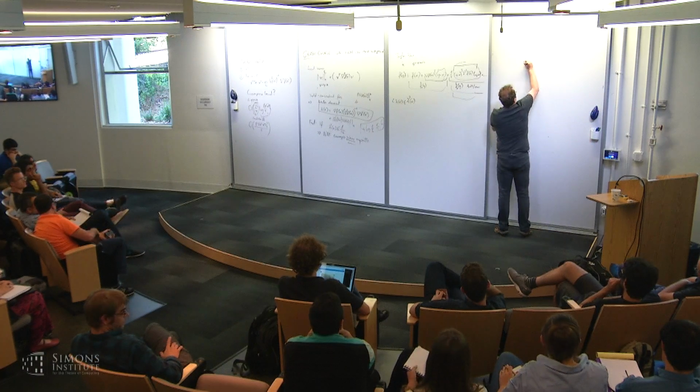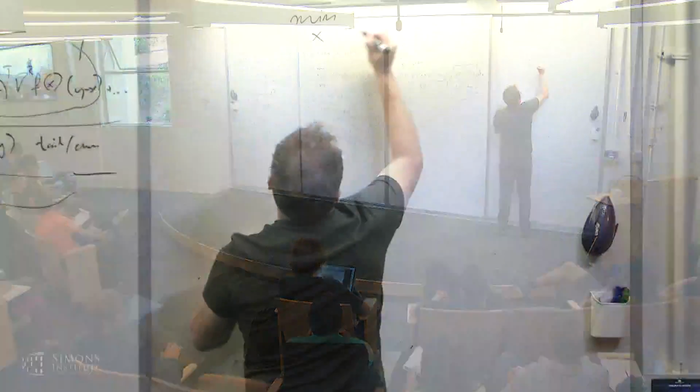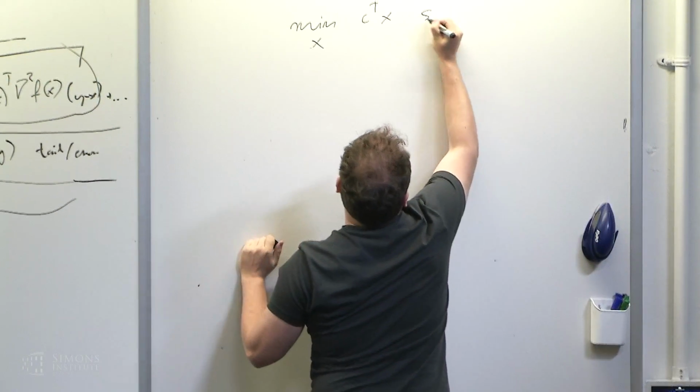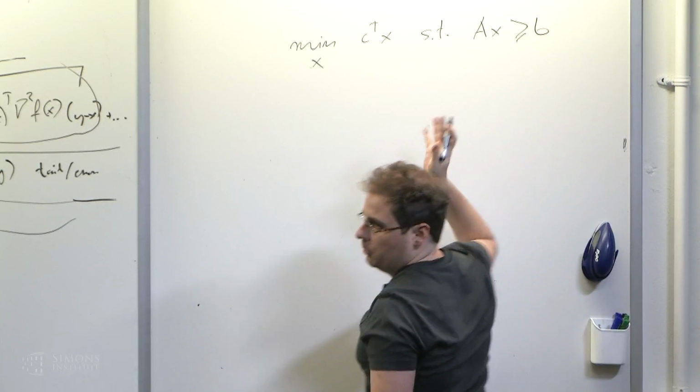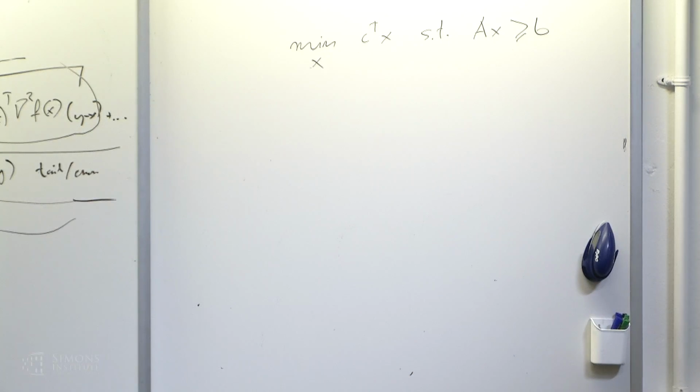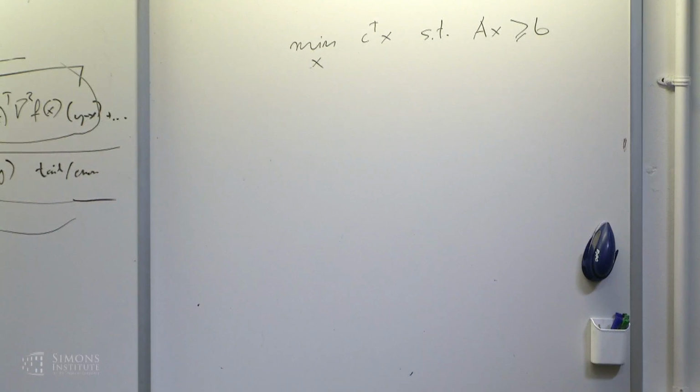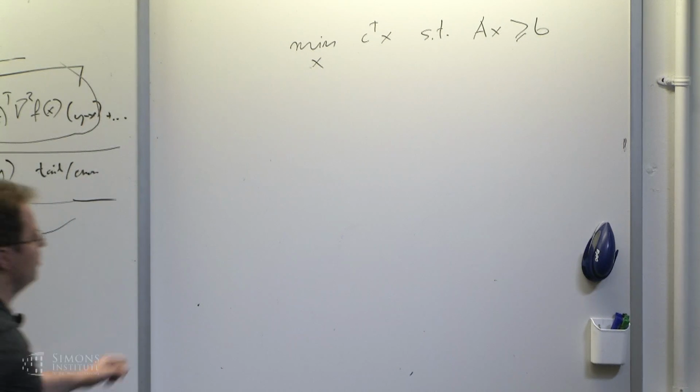Okay, so imagine that I want to solve a linear program of the following form. Without loss of generality, every linear program can be cast like this. This is essentially the dual form of the linear program.